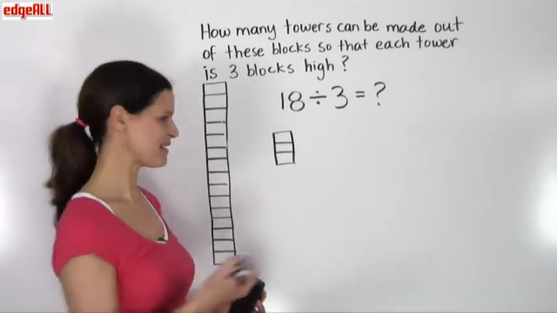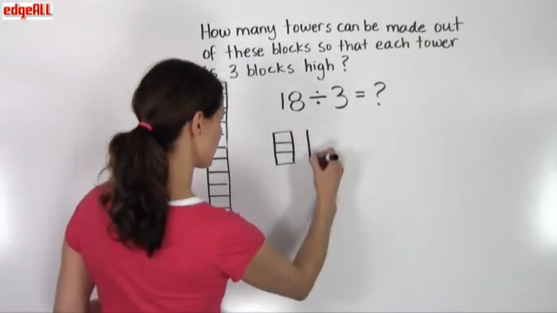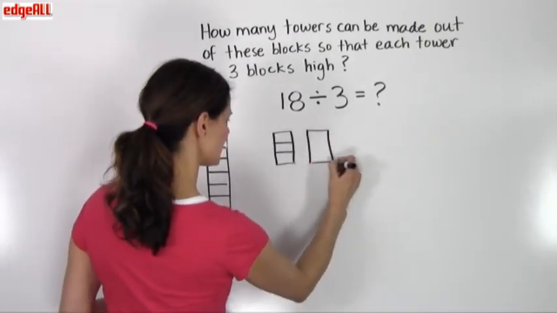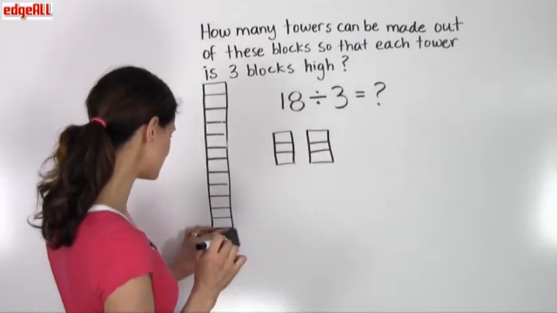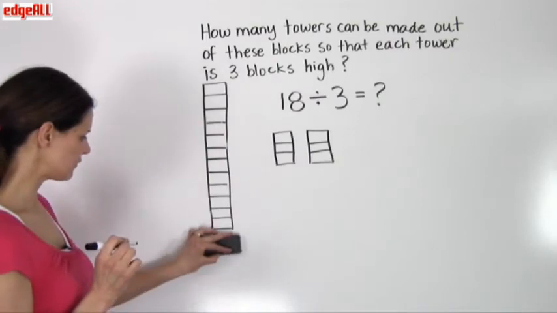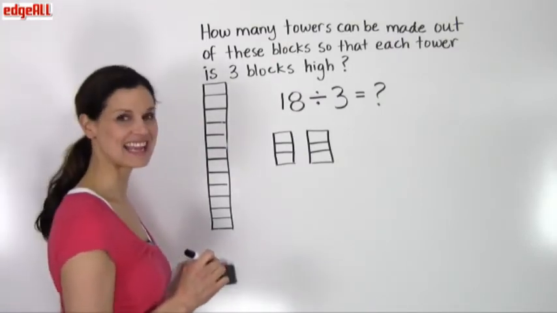And I'm going to do that again. I'm going to repeat that. So 3 more, because I'm dividing by 3. I have another little stack of 3, and I'm going to erase 3 of my blocks from my big stack, my total.